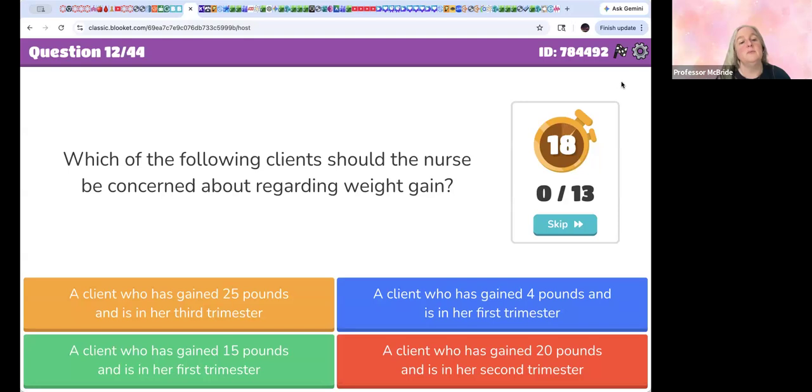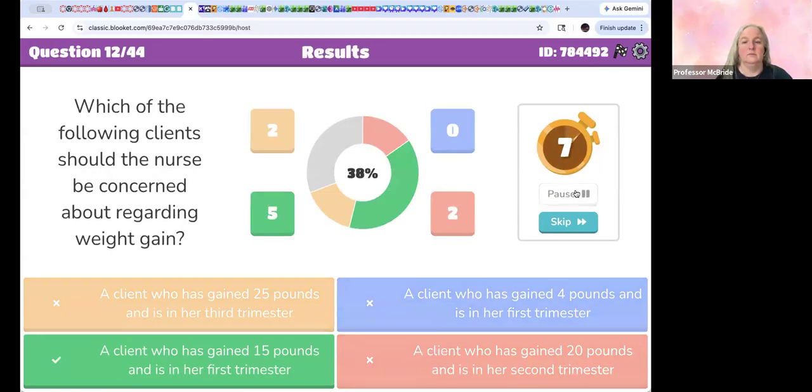Which of the following clients should the nurse be concerned about regarding weight gain? One client has gained 15 pounds and is in her first trimester.